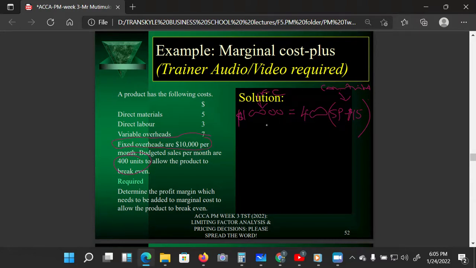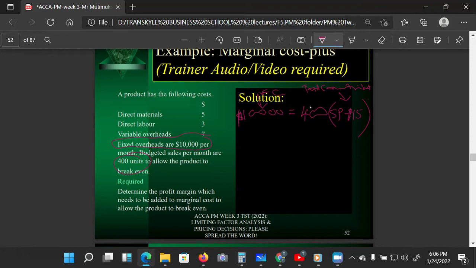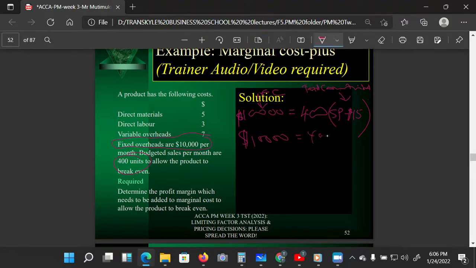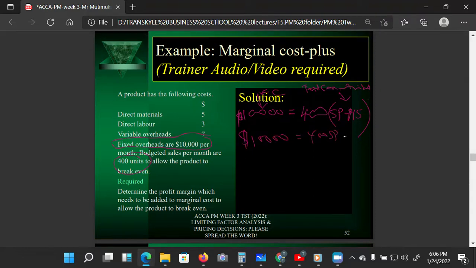Fixed cost should equal the total contribution. These are the units, so if we multiply the total units by the contribution, we get what is called total contribution, and these are the total fixed costs for the month. So we have to solve this equation: 10,000 is equal to 400 SP minus 15 multiplied by 400, that's $6,000.